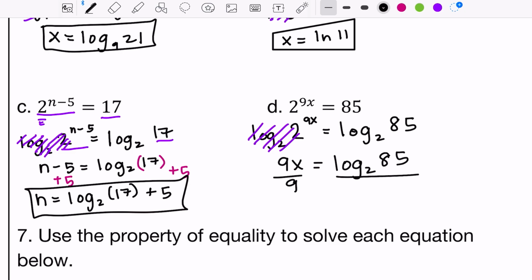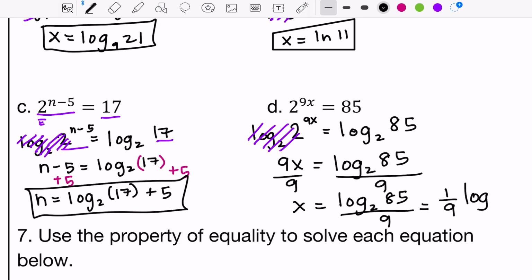Divide by 9 to get the x by itself. We're reversing that multiplication. And that's the same thing. I believe the answer key says this. So dividing by 9 is the same thing as multiplying by 1/9.